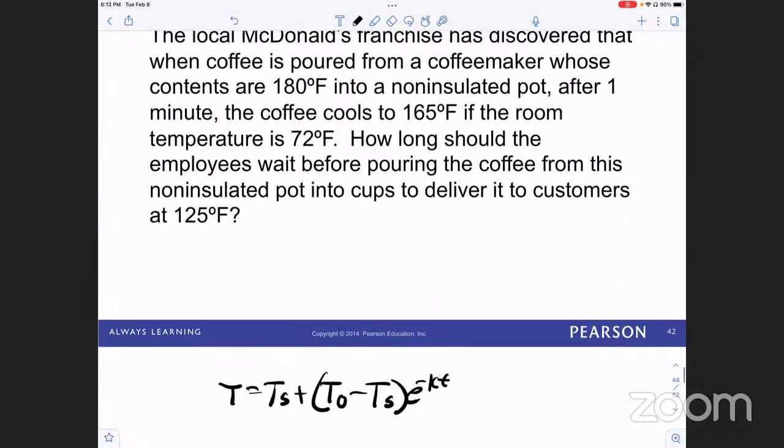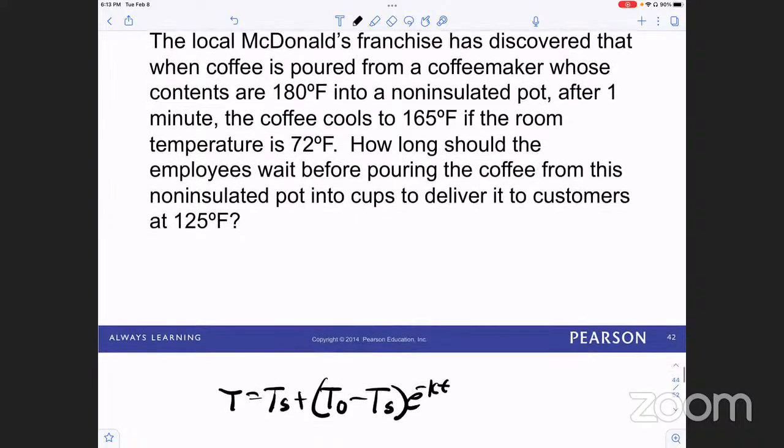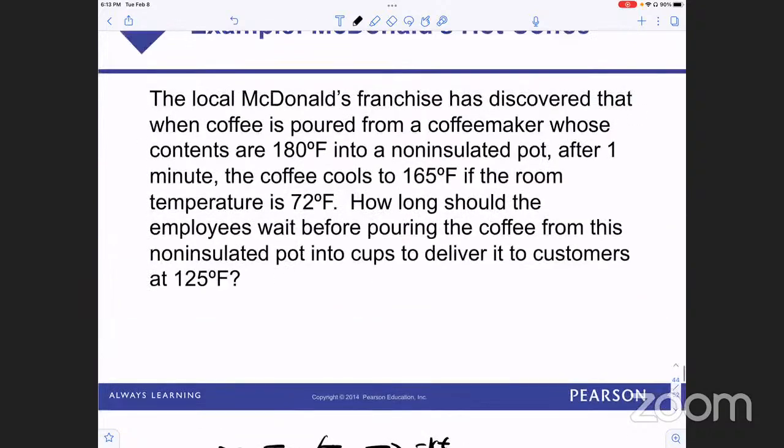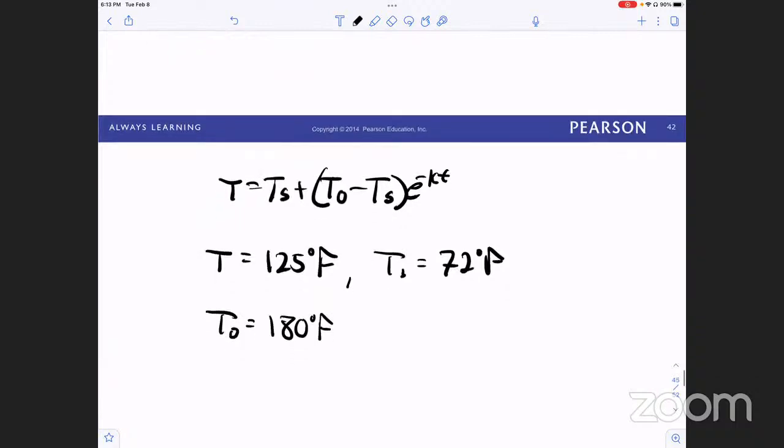The rate: after 1 minute, the coffee cools to 165. So after 1 minute, it cools to 165.